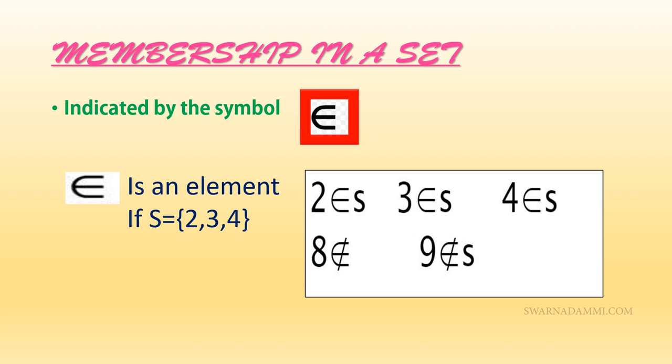Then 2 is an element of S, 3 is an element of S, 4 is an element of S. 8 is not an element of S. 9 is not an element of S.